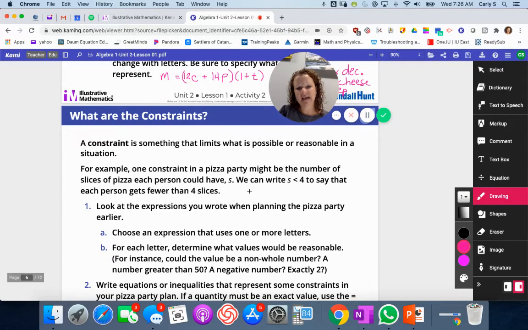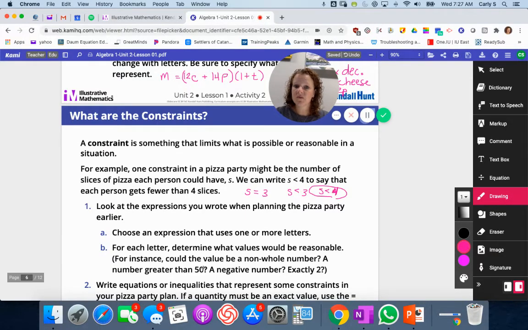We said S was equal to 3, but some people will eat 2, so S could be less than 3, and some people might eat 4, so S can be greater than 3, but we don't want it to be like 5, 6, or 7, so S could be less than 4. I think we have to stick with S is less than 4 for our constraint.